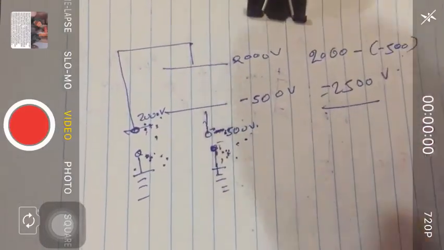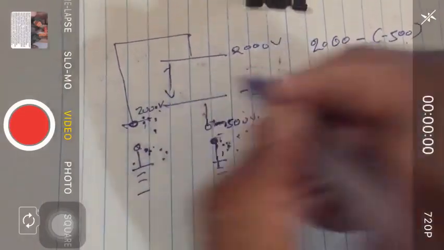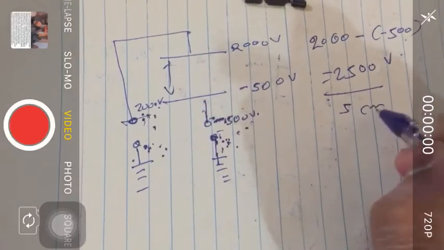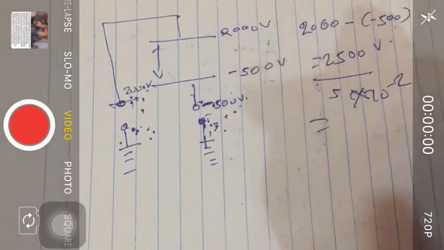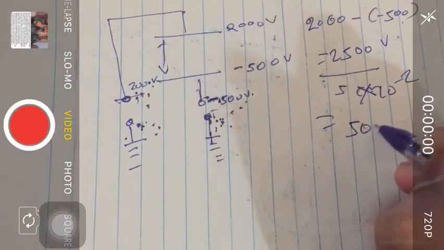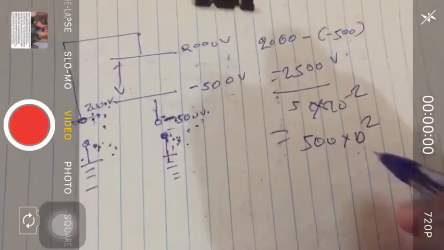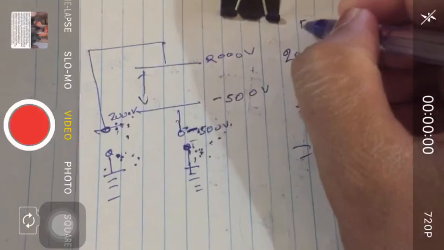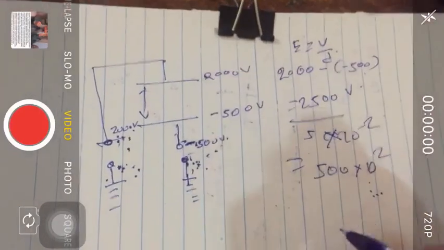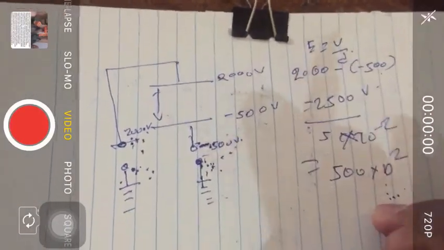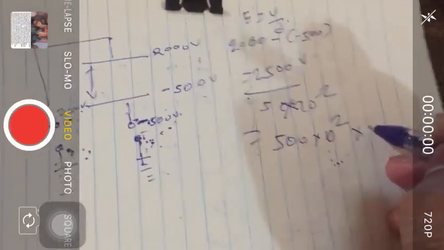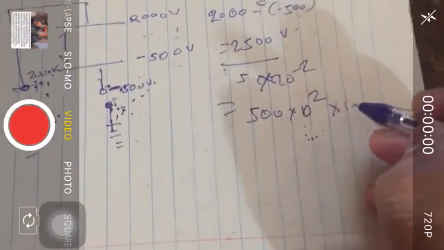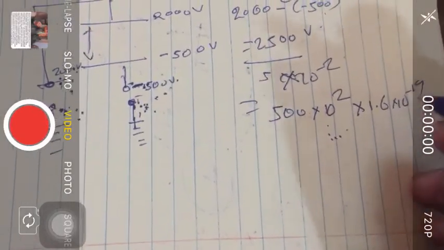Then you have the gap, which is 5 centimeters. So that's 5 times 10 to the power minus 2 meters. That's going to be 500 times 10 to the power 2. So this is your electric field strength. E is equal to V over d, and I have calculated the electric field strength. Now from the electric field strength, you need to find the force. You multiply by the charge, 1.6 times 10 to the power minus 19.